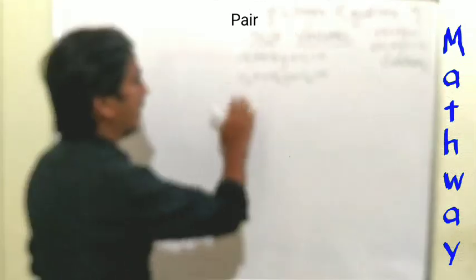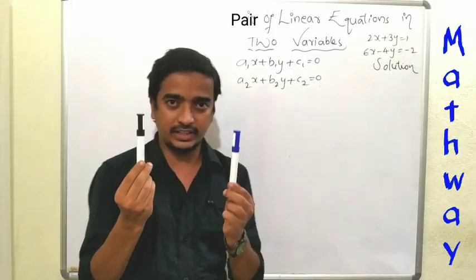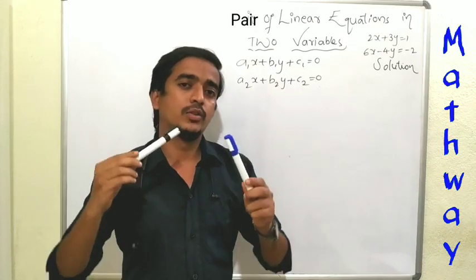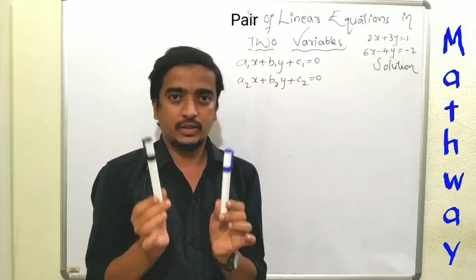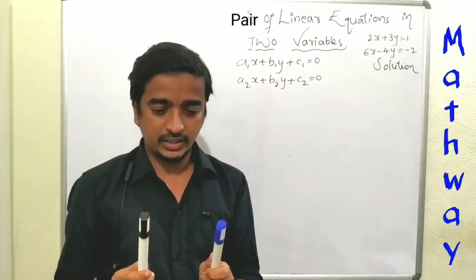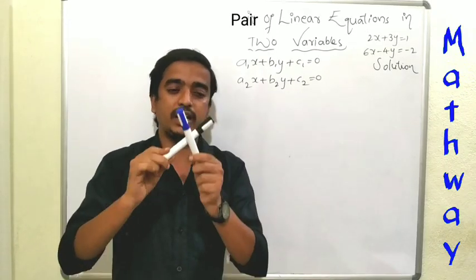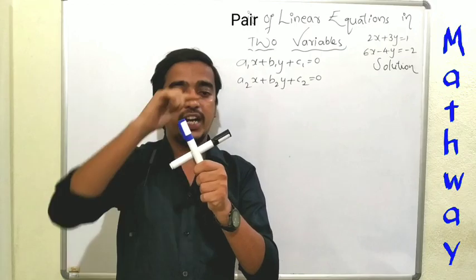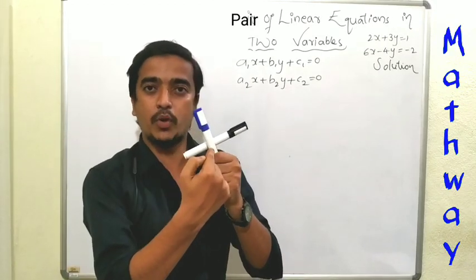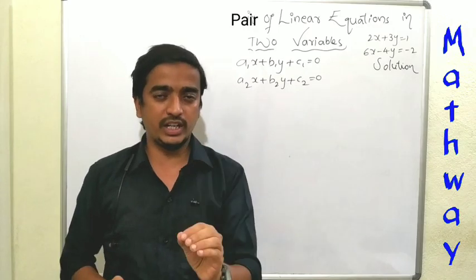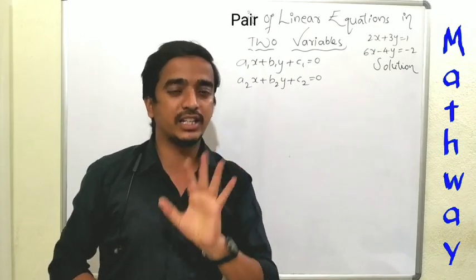For example, consider these are the two lines. How many ways are there to draw these two lines? First we can take it in this way. This is called intersecting lines, isn't it? These two lines intersect at this point. So one situation is when the lines are intersecting.